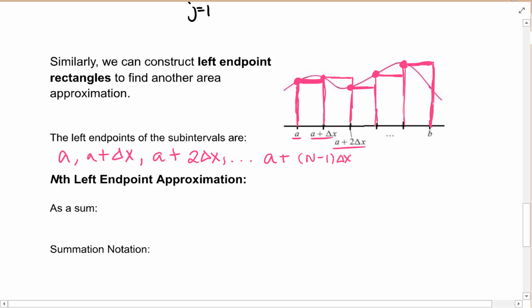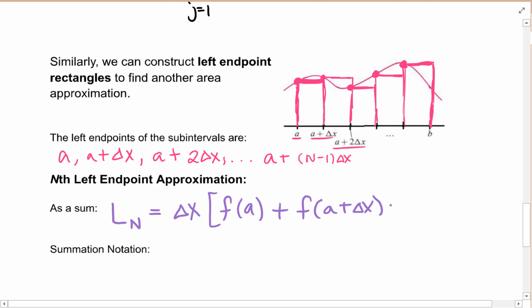As a sum, the left endpoint sum, we will call it L sub n, and that would be delta x, the width of each of our rectangles, times the y values, the heights of each of our left endpoints. So starting with f of a plus f of a plus delta x.